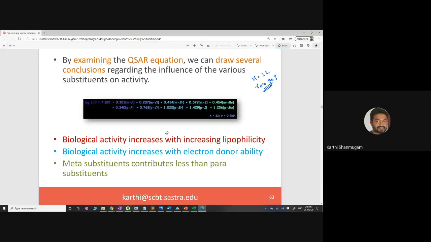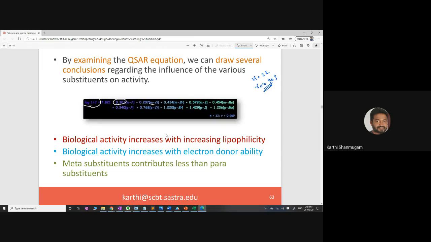Which means that for the overall biological activity, log 1 by C, the F at meta position is contributing, and its contribution is 0.301. It's just a numerical value.